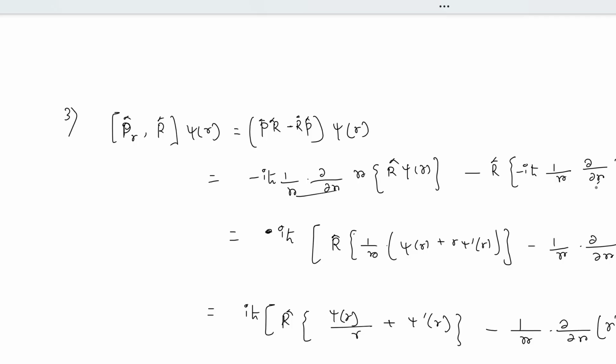So let me check 1/R ∂/∂R of R psi R, right? So when it's R psi R, basically it is acting on the whole thing.